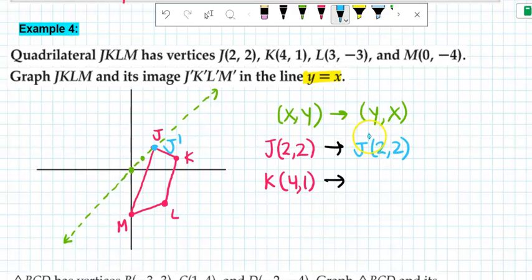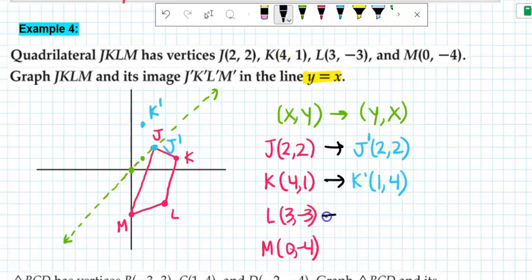Remember, we don't move off of that. K was at 4, 1, so that moves to 1, 4. Okay, it's always nice to make sure that your point moves to the other side of the line, right? We don't want to not have it move to the other side, right?